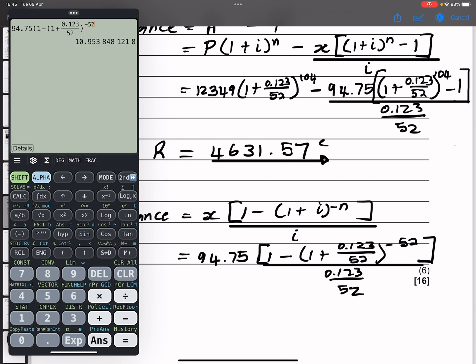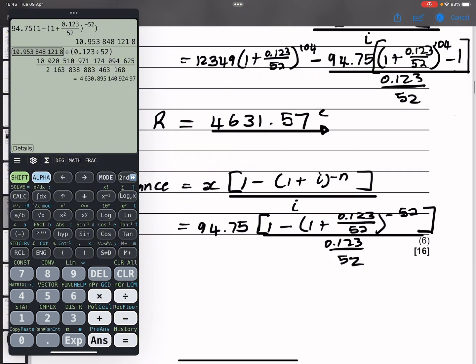Okay, let's close that bracket, and all of this is divided by 0.123 divided by 52. Okay, I get, well, approximately the same value.